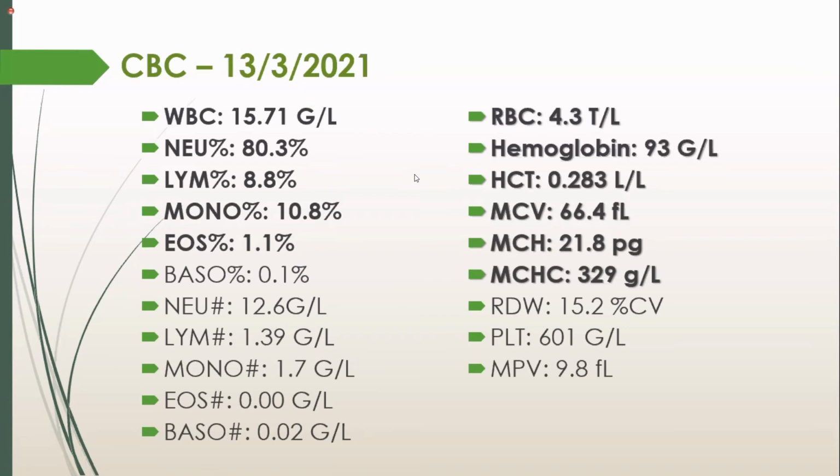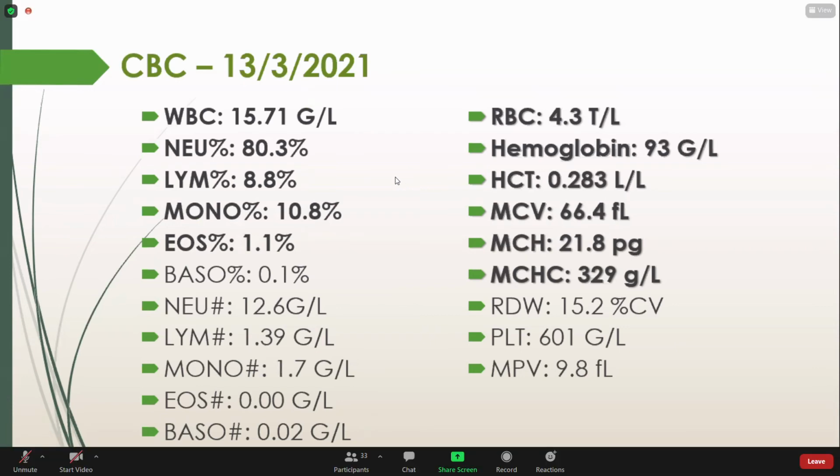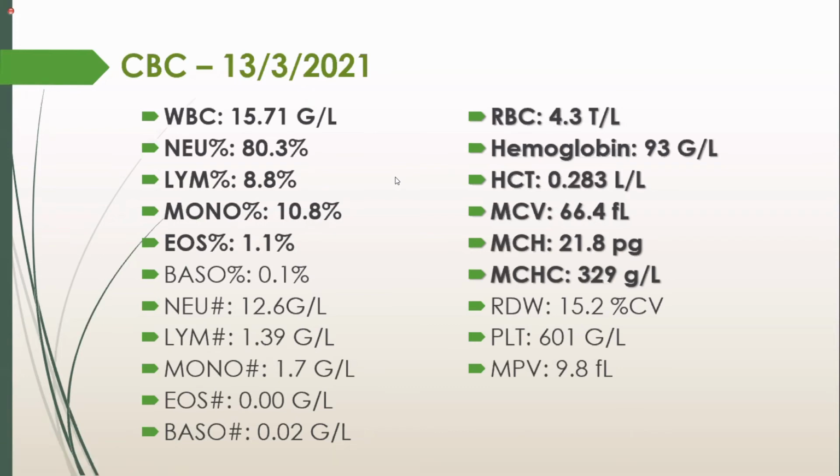The typical white count in a patient with DKA is 15,000, 18,000, 20,000. That's the typical white count. These patients have a stress response. They're dehydrated. They have increased secretion of cortisol, and cortisol causes an increase in white count.